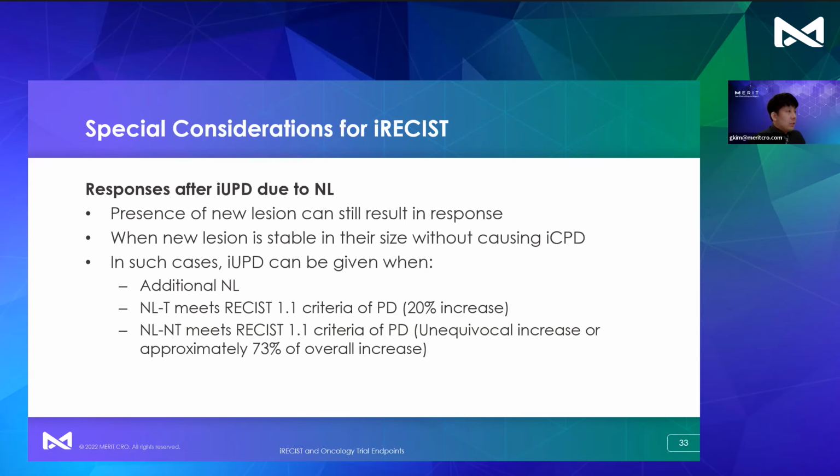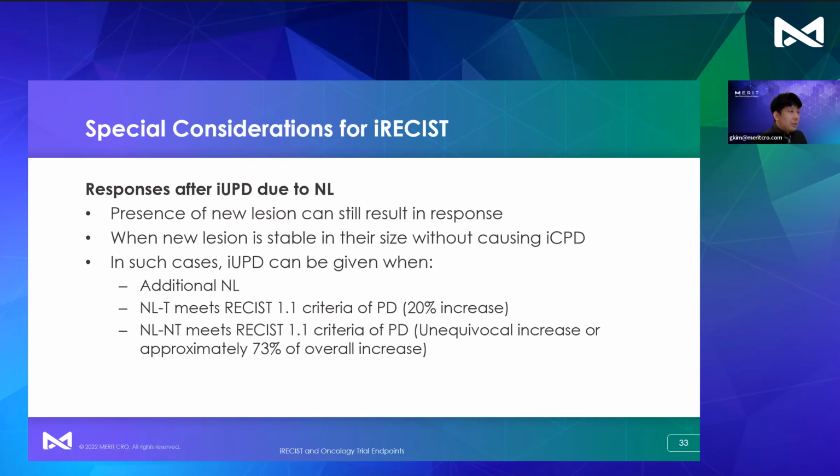And also there are some other cases where there are responses after IUPD due to new lesions. Because of the pseudoprogression, there are still new lesions present while still resulting in a response in the time point overall response.